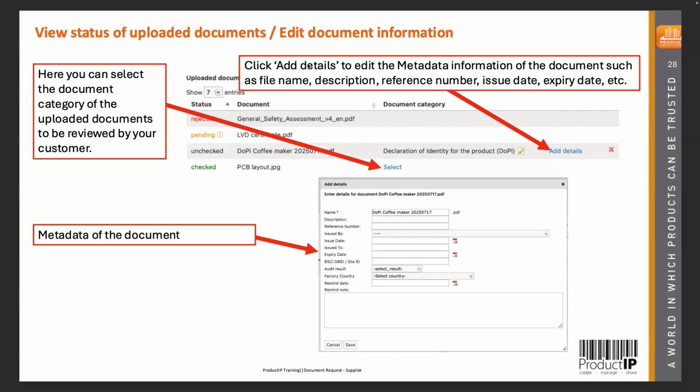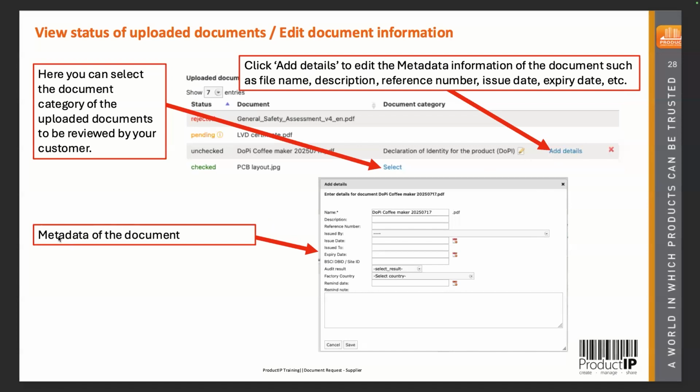You can also add details to the uploaded document. In the metadata of the document, you can specify a file name, description of the document, a reference number of the test report, issue date, expiry date, and so on. This window will open after you click Add Details.